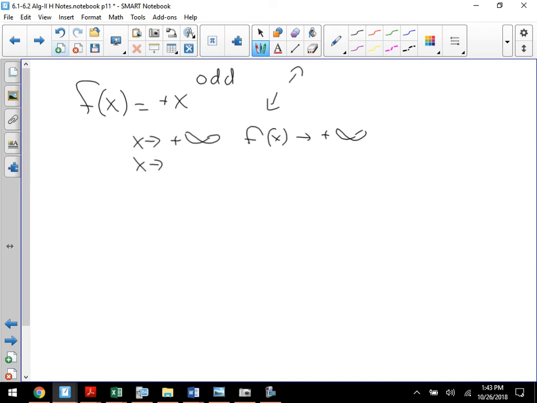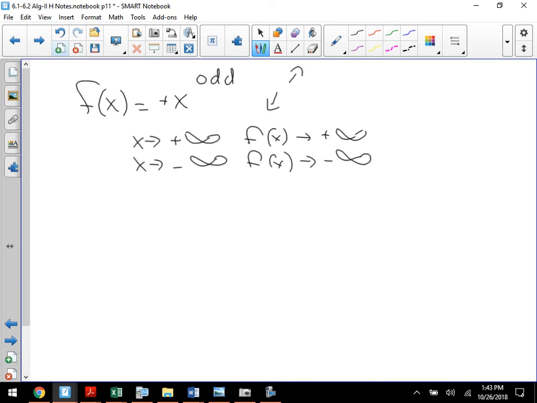As x approaches negative infinity, f of x also approaches negative infinity. And the idea here is tail wings: down up, up up, up down, down down. There are only 4 possibilities.